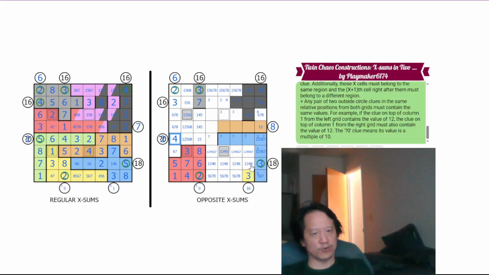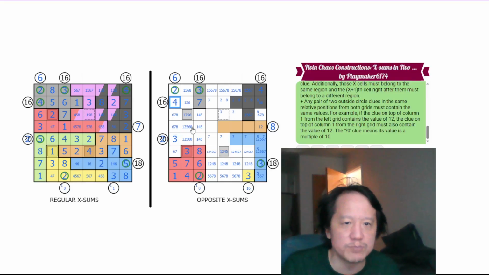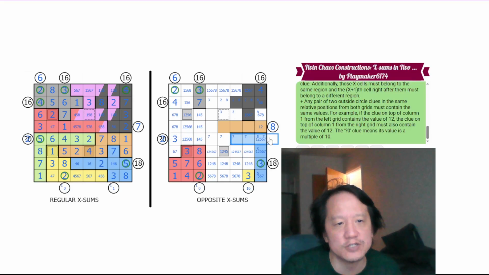And 345 requires both 3 and 4. So this cannot be 4 here, which means this must be 3, this must be 4. These 3 digits add up to 20. So we have edge here, edge here. This is all dark.